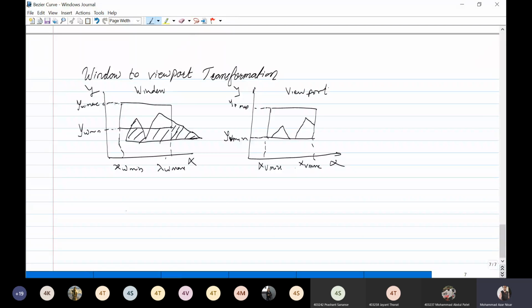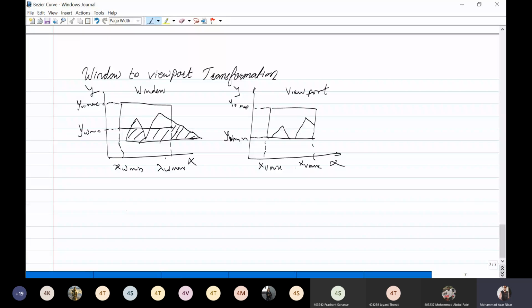Okay, so this is your window, and after clipping it is a viewport. First we consider a world coordinate system, and then we apply the command. Suppose the crop command is used to view that port, so we use the device coordinate in that.